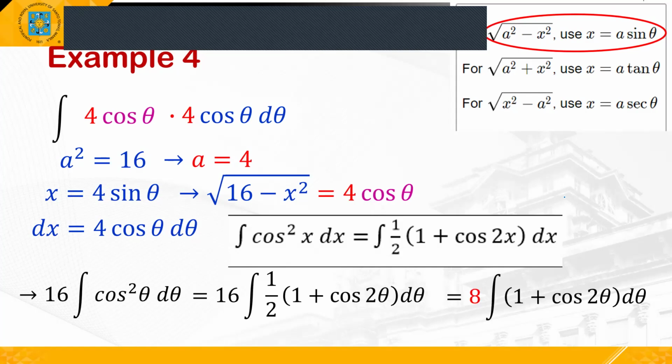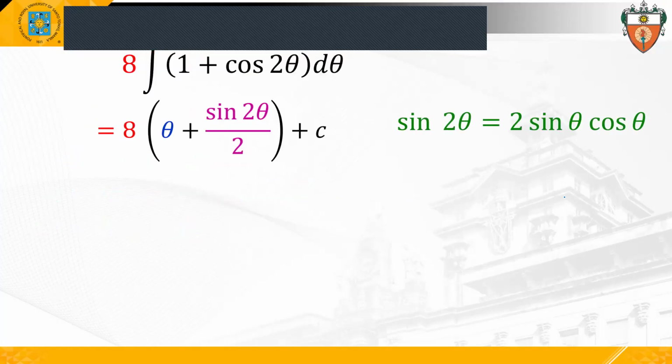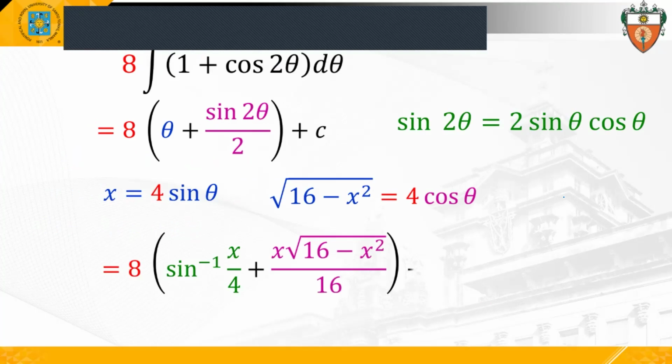So 8 times 1 plus cosine 2 theta. So ayun yung naging answer natin. Gumamit tayo ng double angle identity. Yan. So, ayun po yung arc sine x over 4. Tapos, ayun yung x squared of 16 minus x squared over 16 plus the c. Diba?